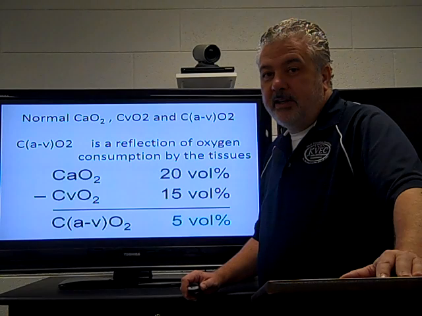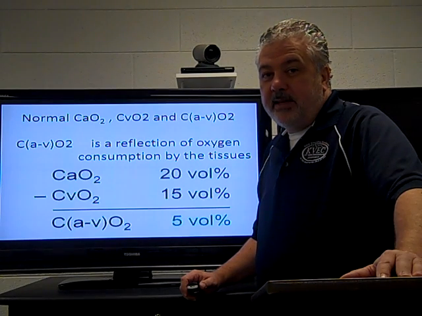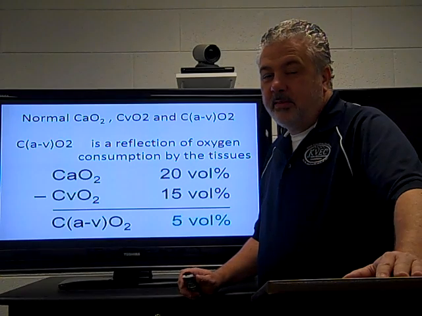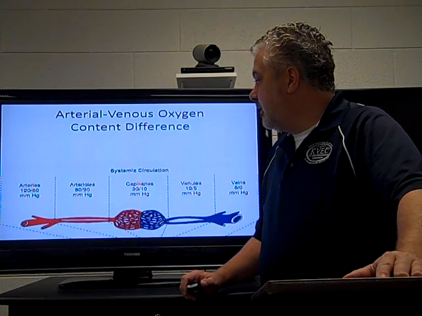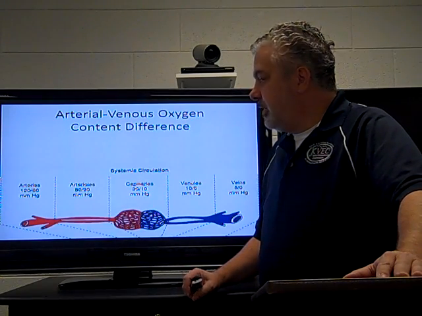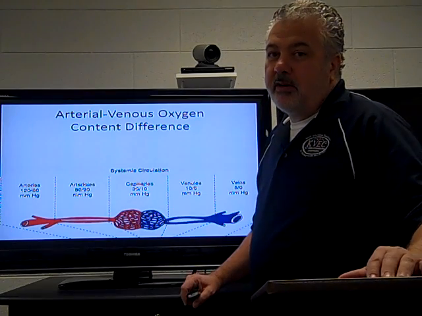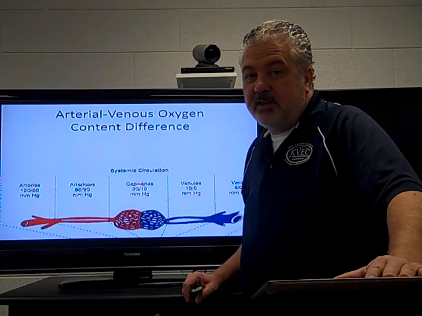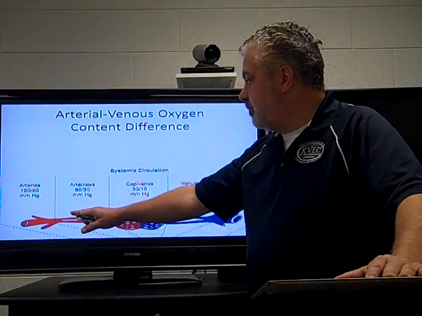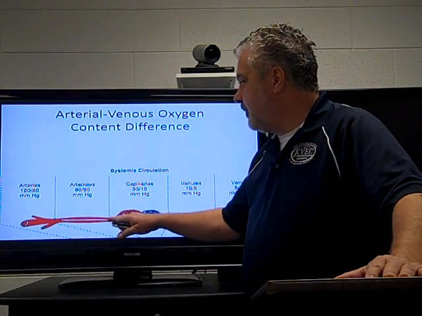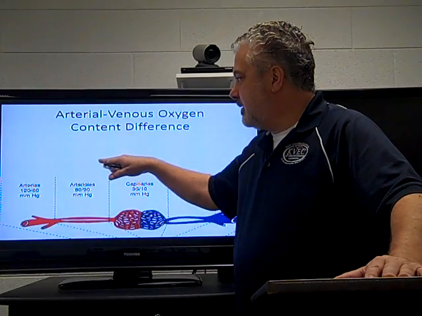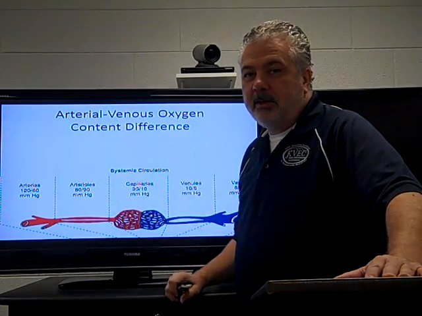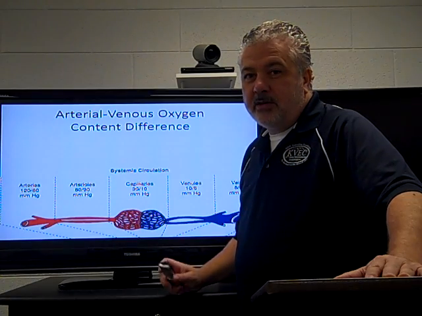The challenge is to get CaO2 and CvO2, and then once you've done that, it's just a matter of subtracting the two. If you were to put it in an illustration, remember that the systemic arteries carry oxygenated blood to the tissues. That's what's pictured here. So I would write CaO2 right here, because this represents the content of arterial oxygen.